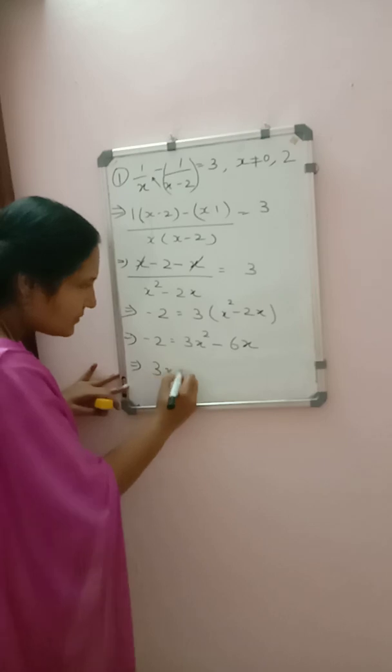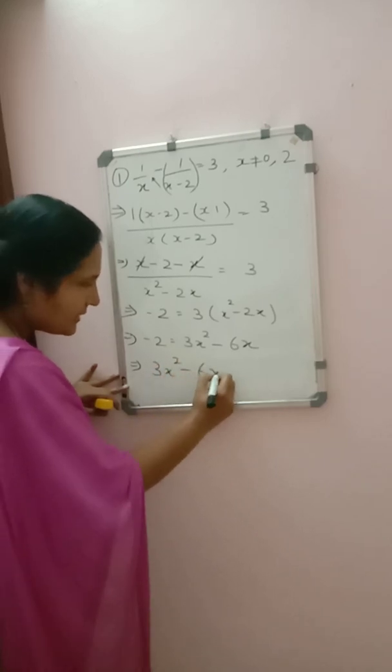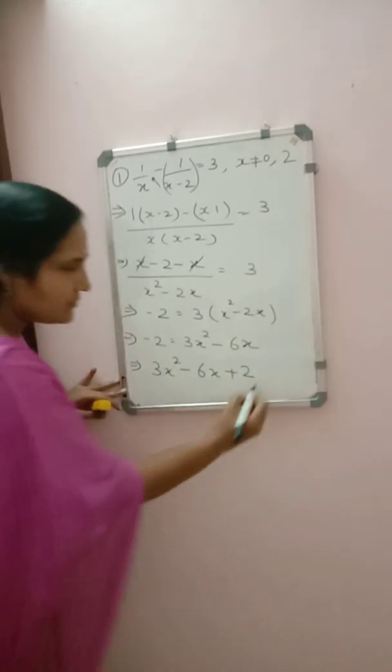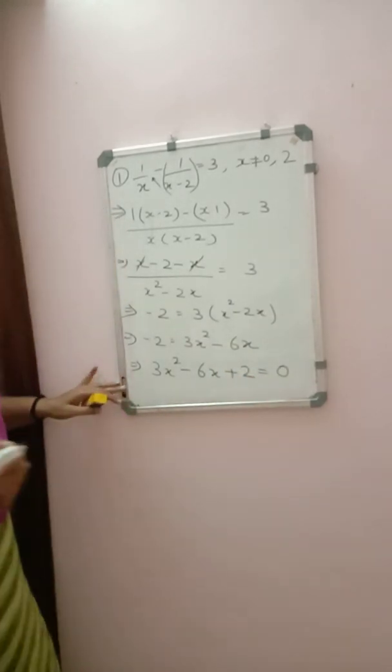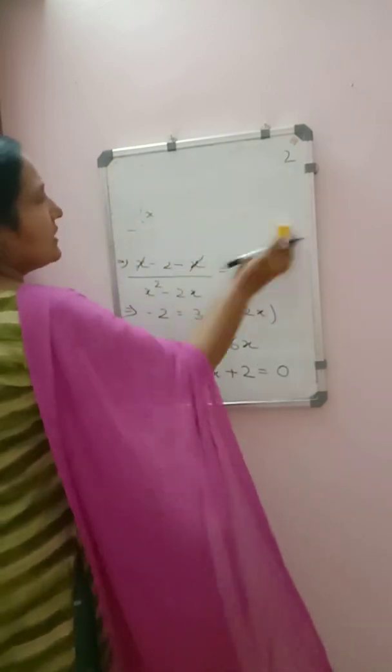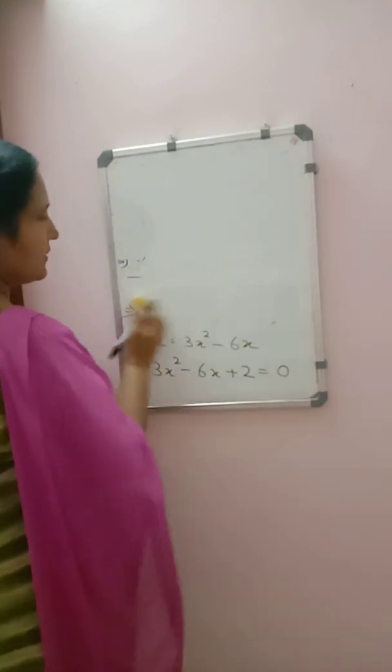So it will be 3x square minus 6x minus 2, shifting to the right hand side, it will become plus 2, equal to 0. So we got a quadratic equation. Now we can check how we can solve this quadratic equation.